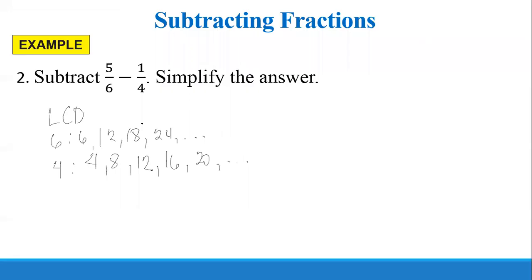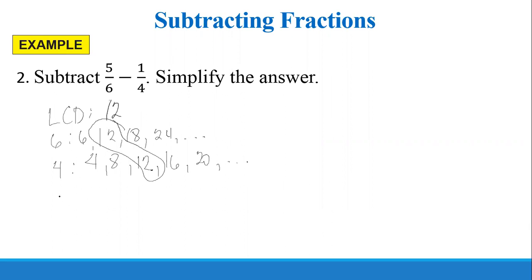Okay, so dito, yun yung pinaka-least. So, yung pinaka-least that they have in common is 12. So, 12 is the least common multiple of 6 and 4. Kaya yan yung LCD natin. Okay? 12. And then next, rewrite each fraction with a denominator of 12.